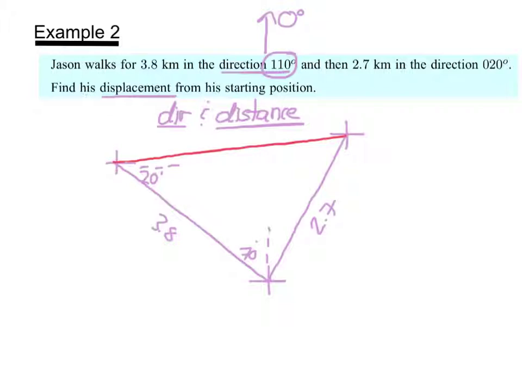We're also given that this bearing is 20 degrees, so very conveniently here we have a right triangle, which means that I can find the distance of his displacement very quickly using Pythagorean theorem, and that looks like this. Okay, we square both legs of the right triangle, take the square root, and we get his displacement is 4.66 kilometers.